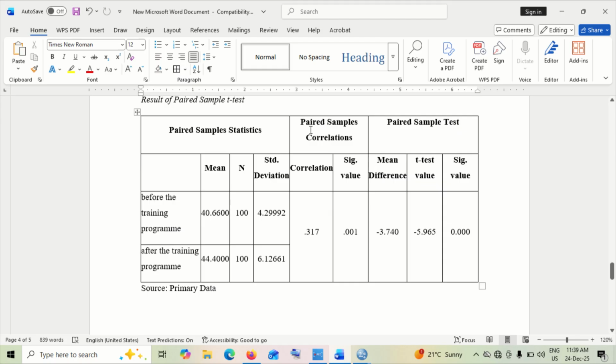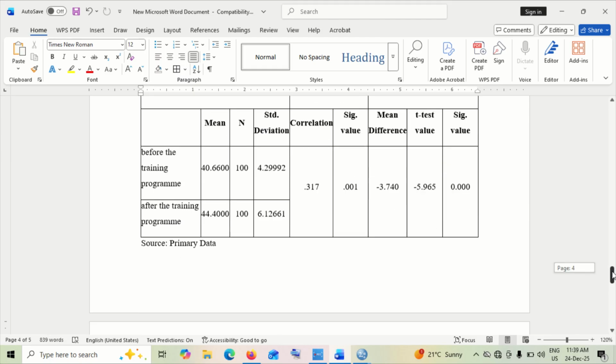The second part is paired sample correlation. Here we take the correlation and significance value. And the third part is paired sample test. Here we take the mean difference, t value and significance value only, and combine them into the very important table of paired sample t-test. Hence, we can look at the interpretation.